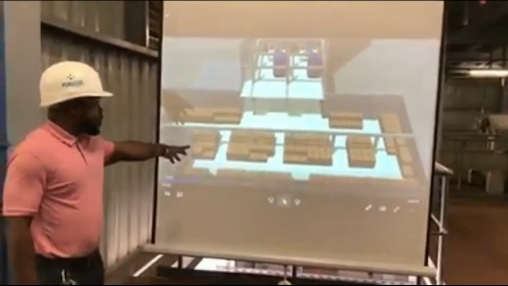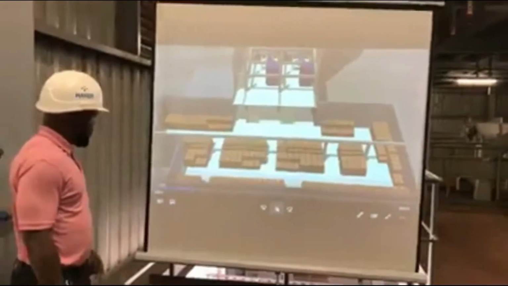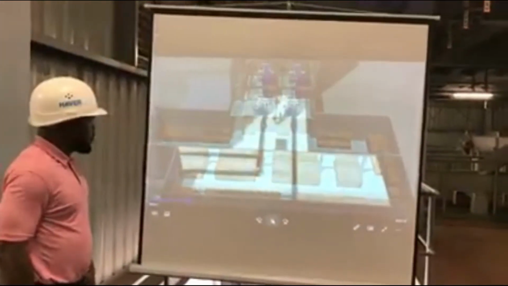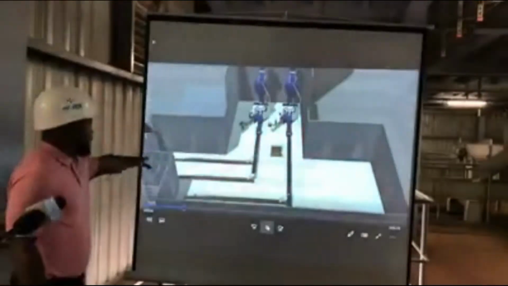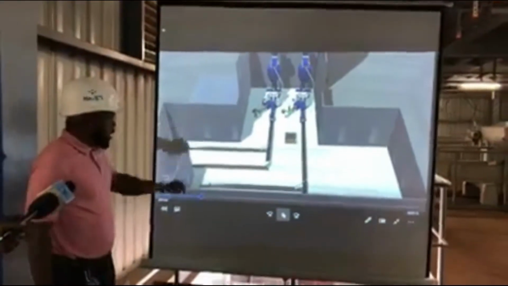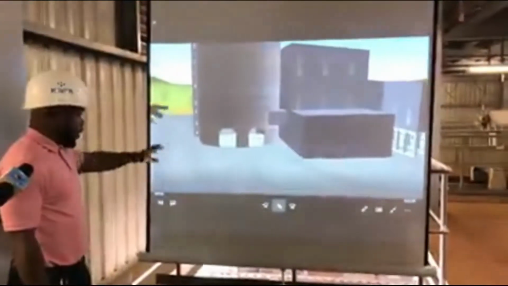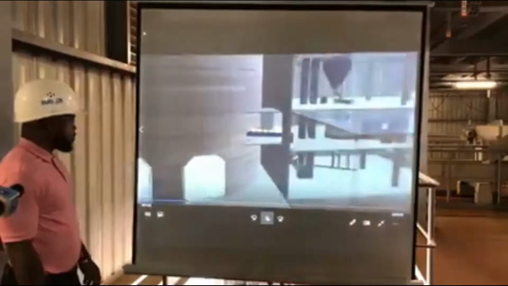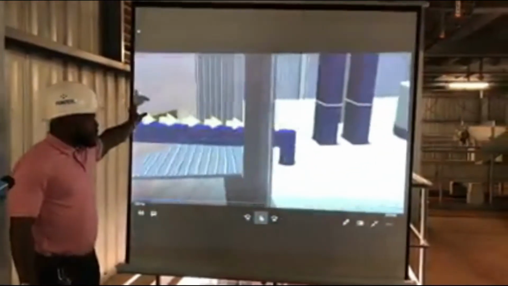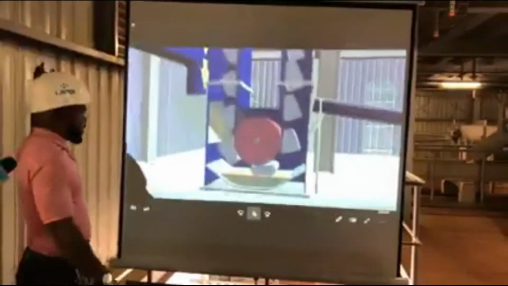This is the warehouse. These are the packer lines. So packer line 1 feeding 2 lines, packer line 2 feeding 2 extra lines, so 4 lines in total. Now this is coming from storage. So that's the storage, the silo storage outside.